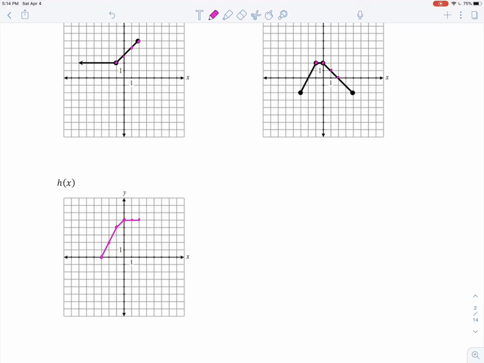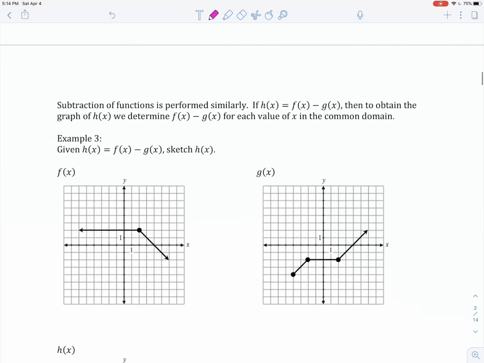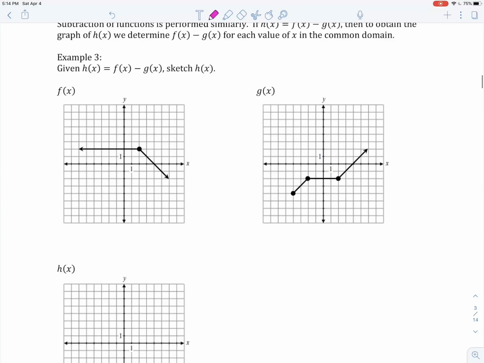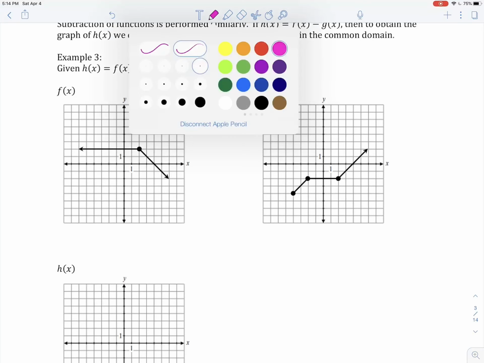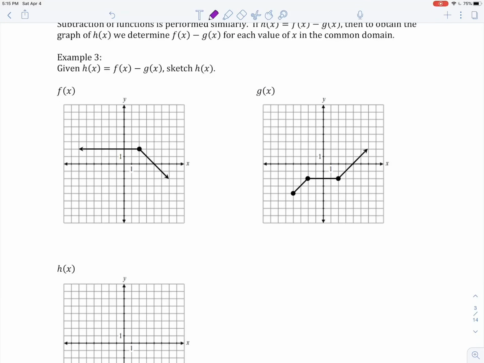Next one is subtracting. But same, we're just making sure that we subtract instead of add. Now we do have a cutoff point for this domain as well. Why not purple? All right, this is our lowest value over here. That's where this whole thing gets cut off at -4.